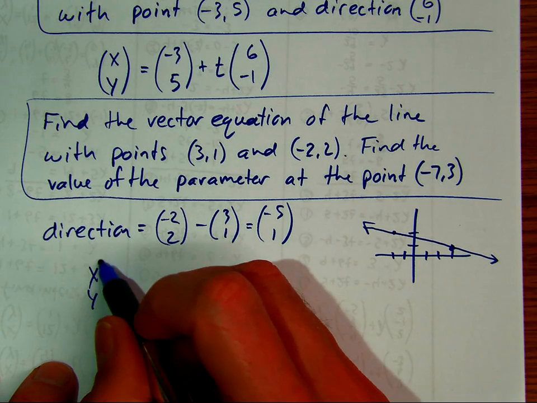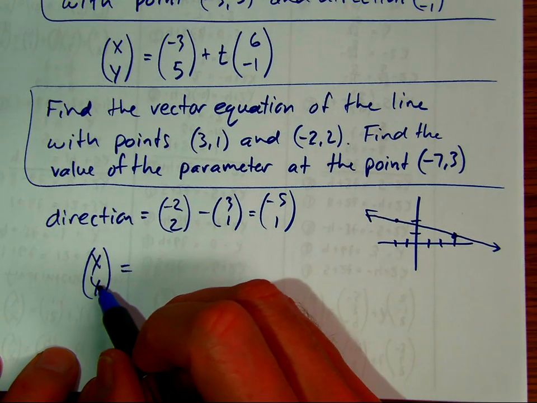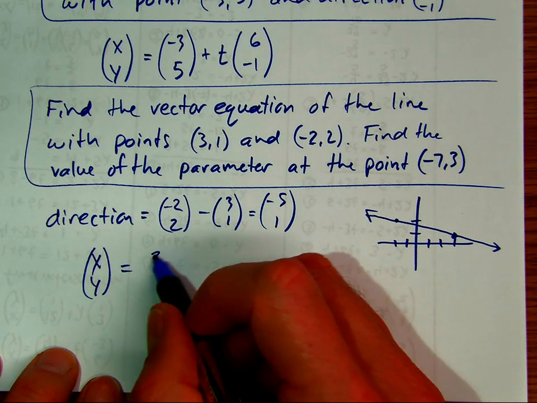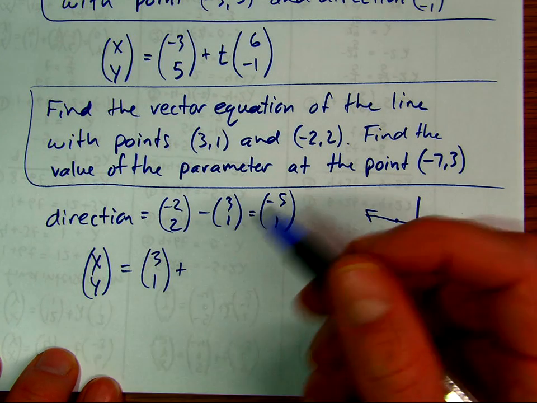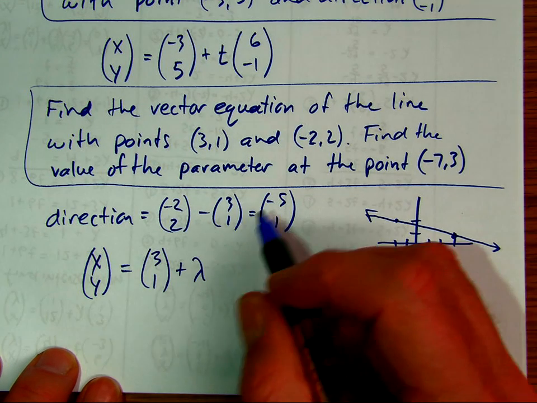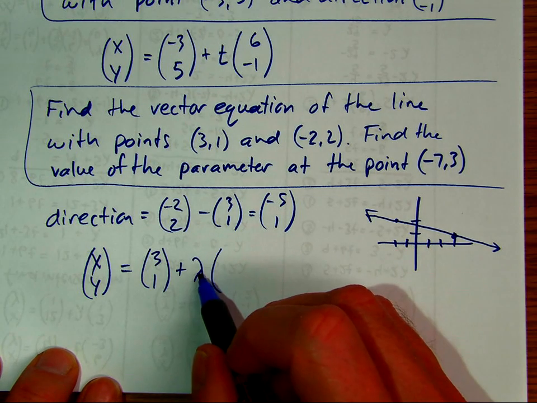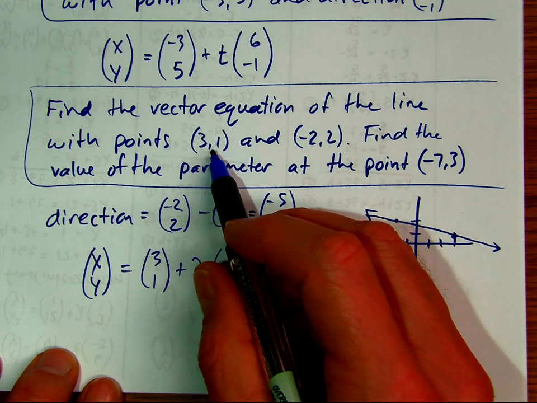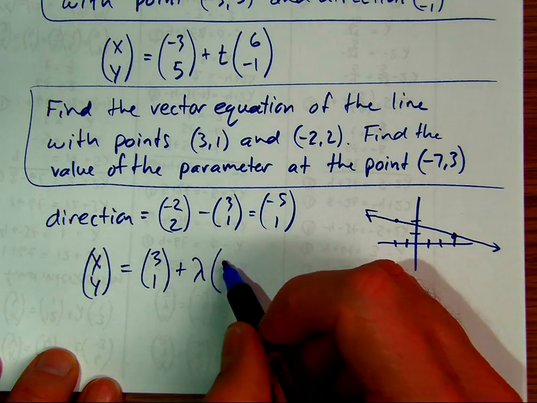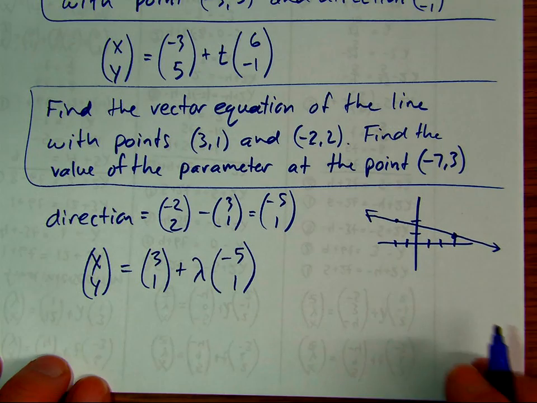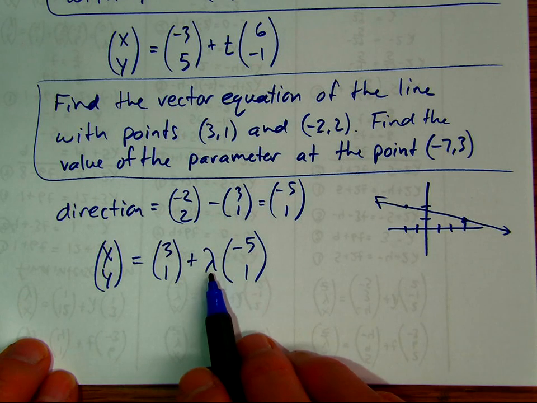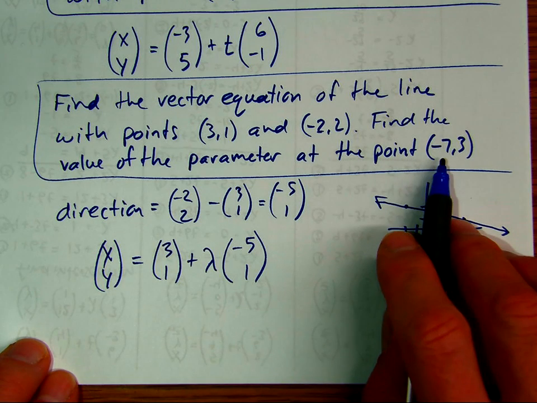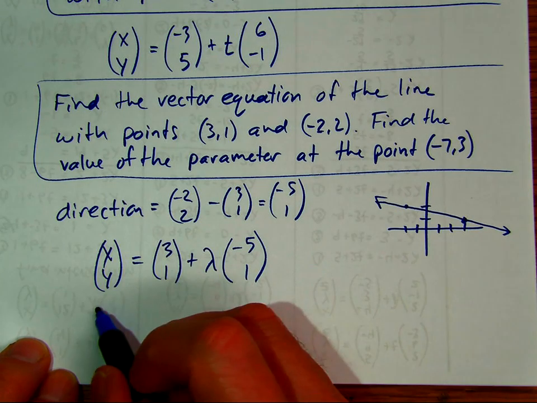So we have any point on the line is the starting point plus, I'll just use a different parameter so we get used to it. This could be a T or some other letter. We're going to start here and then go some multiple of the direction. And it said find the value of lambda when this is the point on the line. So we would do negative 7, 3.